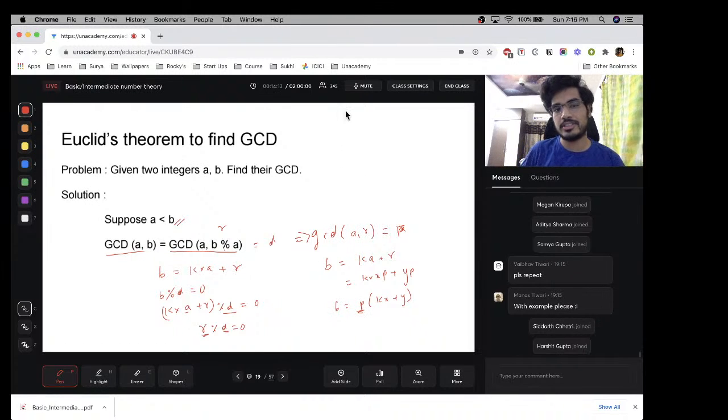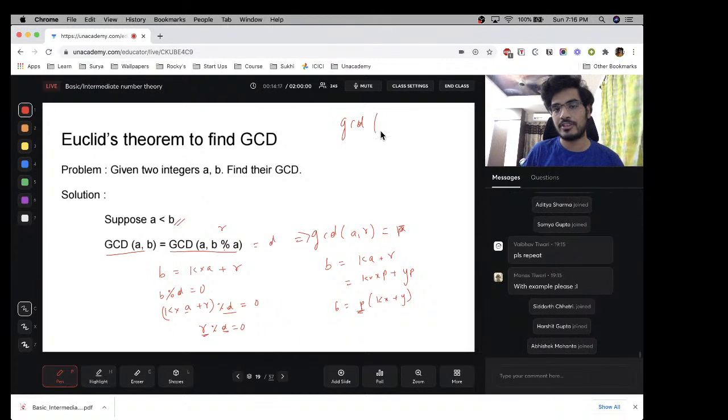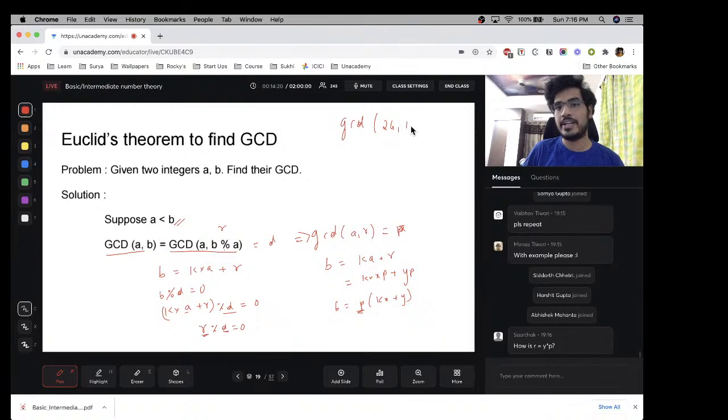Suppose we are trying to find GCD of 24 and 18. We find it recursively. Since a is greater than b, we just swap. A here is 18.